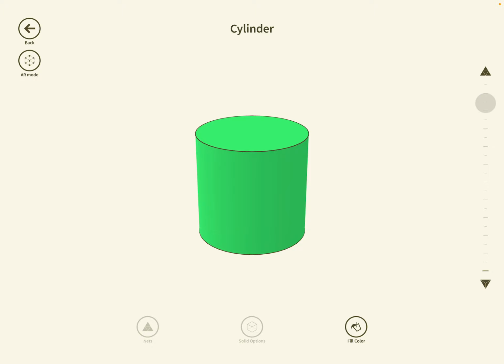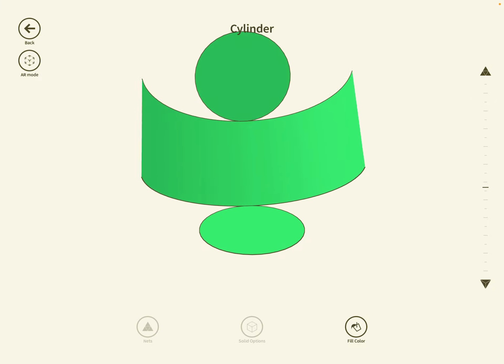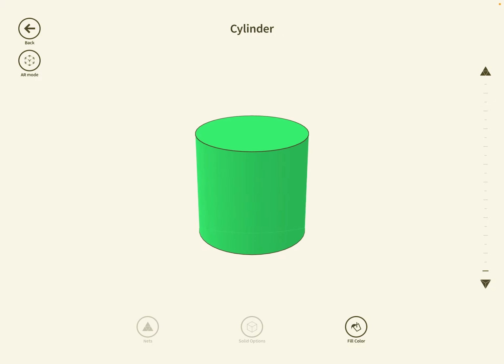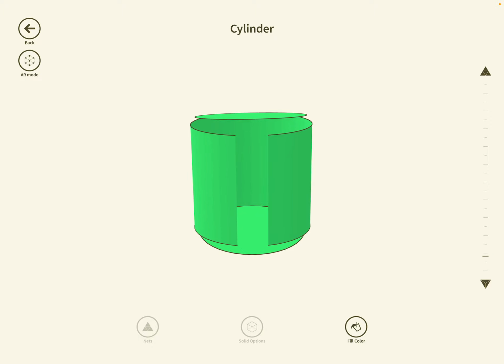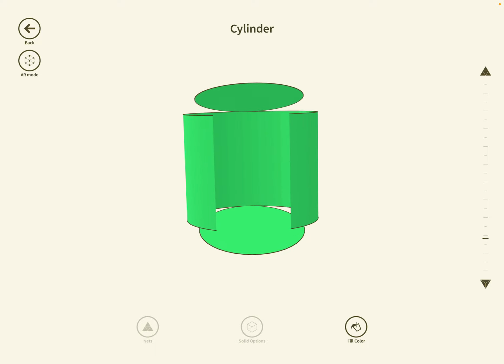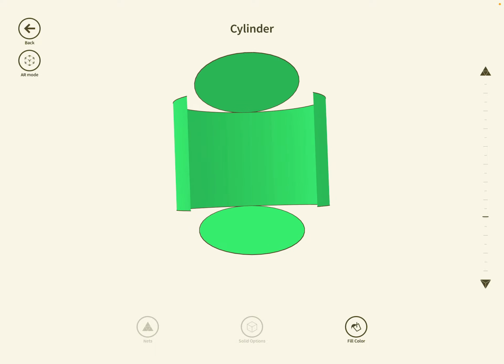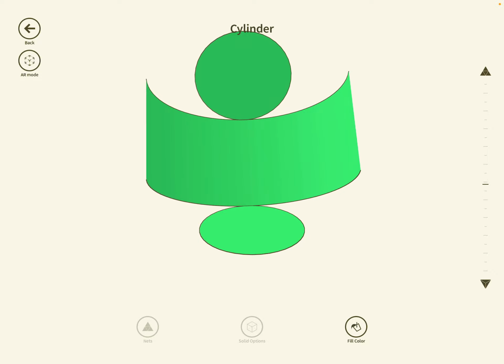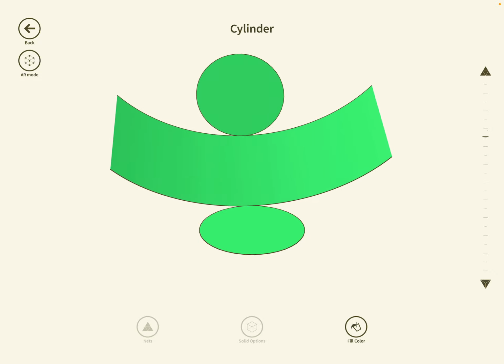So here's our cylinder, and if I open this cylinder up, I'll do that a little bit more slowly. We can imagine separating out the top and bottom, those circles, and then opening up the wall that wraps around the side. Of course, the cylinder is much taller than the washer we were looking at, but it's the same kind of idea.